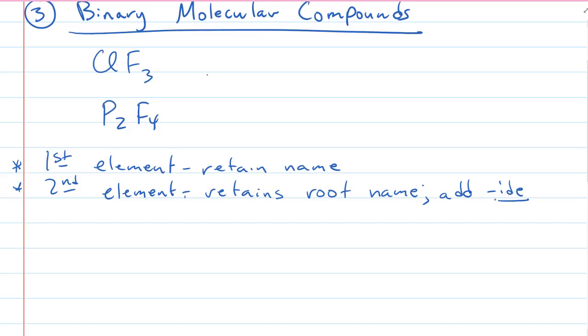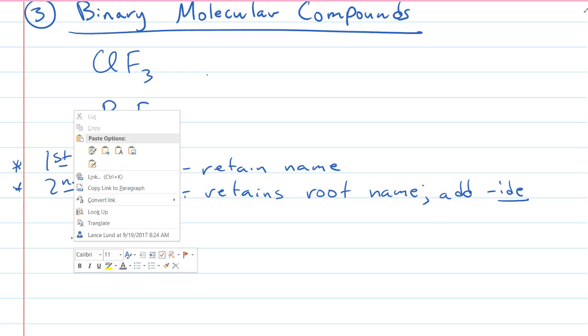And at this point, the rule sounds identical to the binary ionic compounds. We add in one more step though. The additional step that we are going to add in is this.